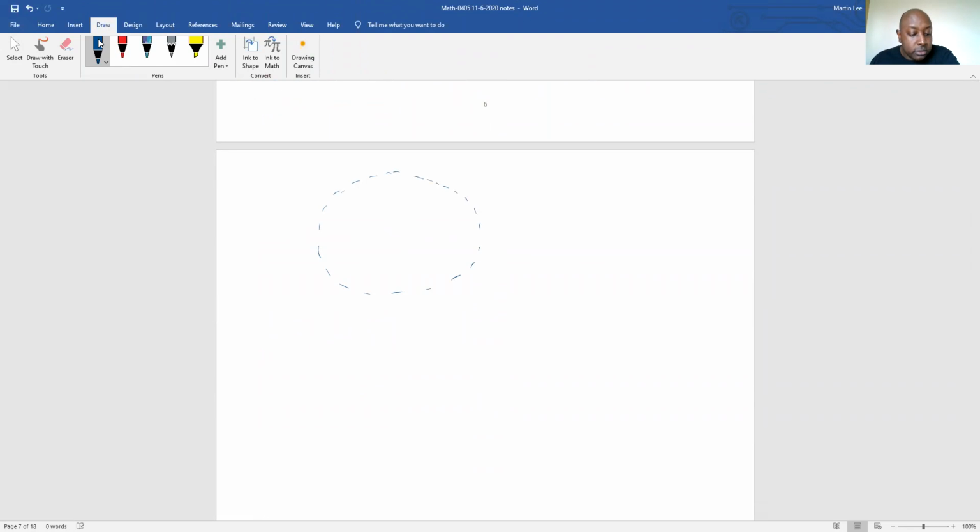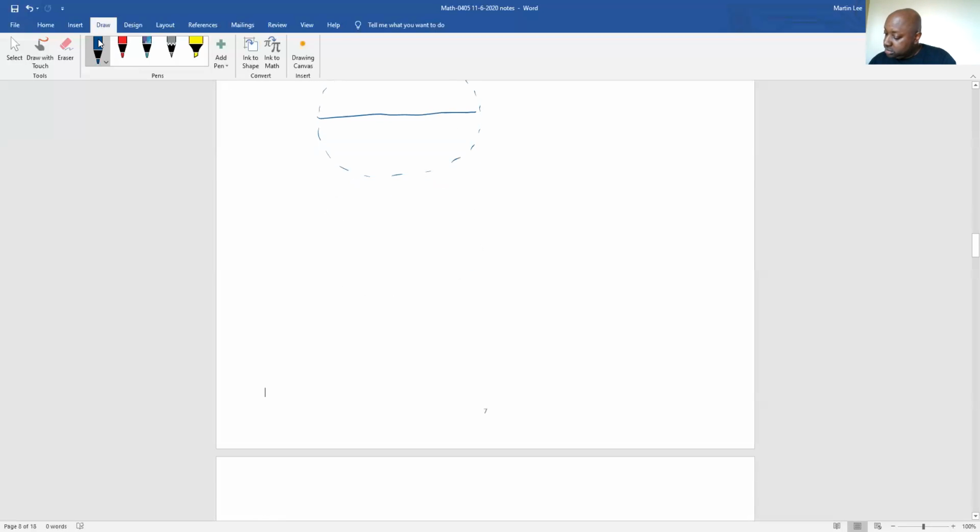I have this circle with this diameter, and then I have this rectangle.